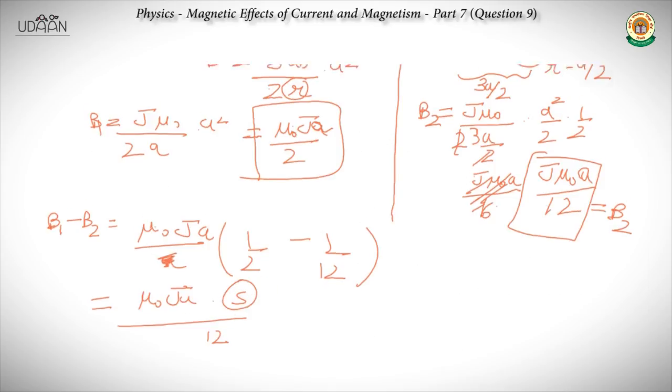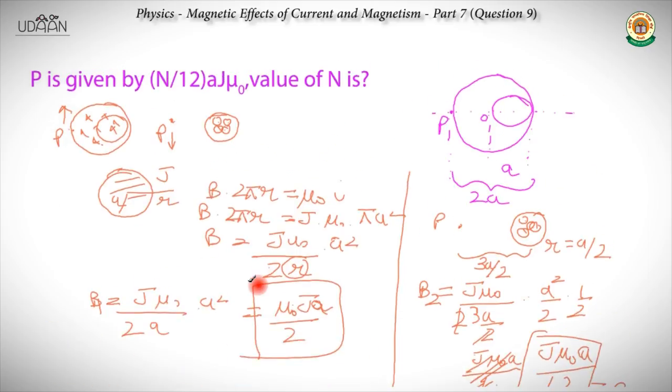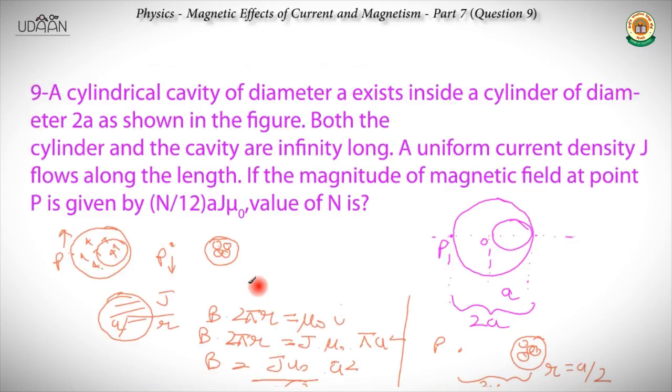So that was question number 9 for us, where we're given an infinitely long cylinder with a cavity inside, and we pass a uniform current density of J along its length. The basic concept behind solving this problem is the principle of superposition.